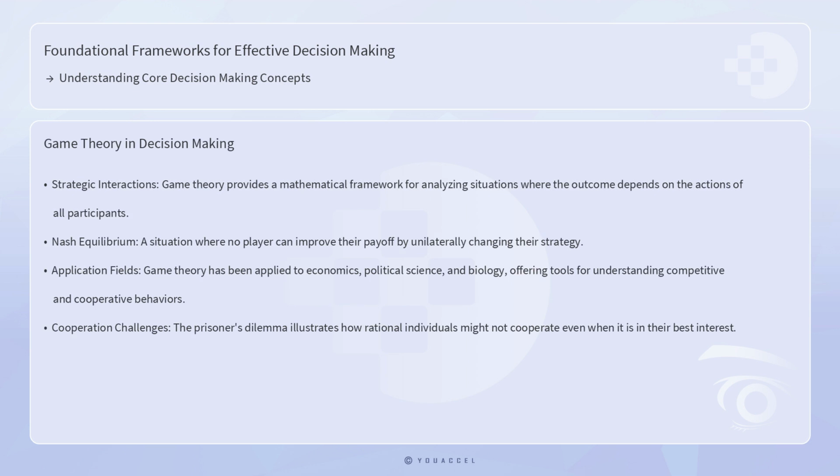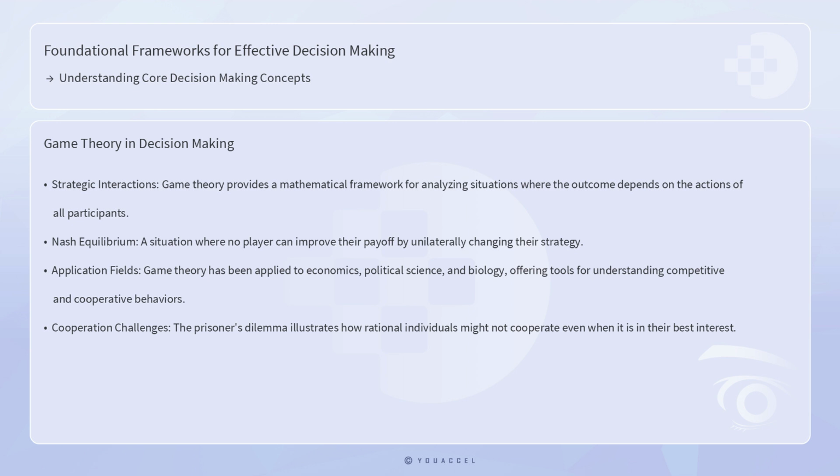Game theory is another pivotal concept in decision-making, particularly in strategic interactions involving multiple decision-makers. It provides a mathematical framework for analyzing situations where the outcome depends on the actions of all participants. Key constructs in game theory include Nash equilibrium, where no player can improve their payoff by unilaterally changing their strategy, and dominant strategies, where a particular strategy yields a higher payoff regardless of the opponent's actions.